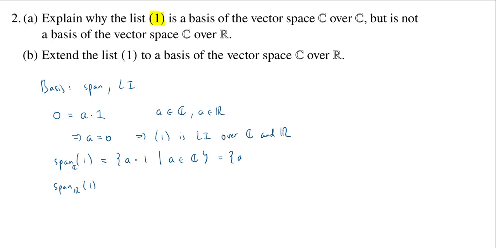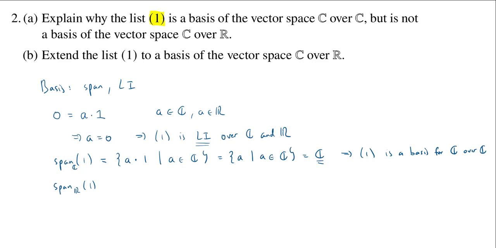So this is the set of all a, such that a is a complex number. Well, that's just the set of complex numbers. So what we've just shown is that the span of this given list is actually all of the complex numbers. And so the combination of knowing that it's linearly independent and knowing that it spans the complex numbers tells us that this list 1 is a basis for C over C. Okay, fine.